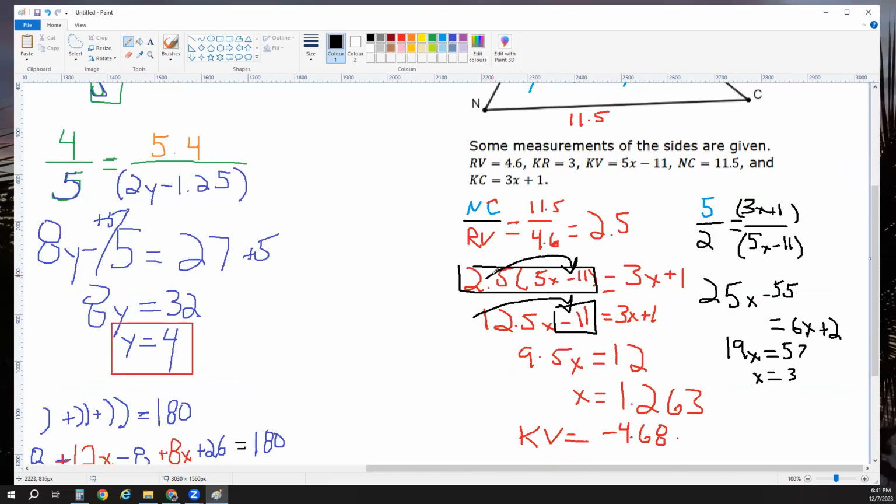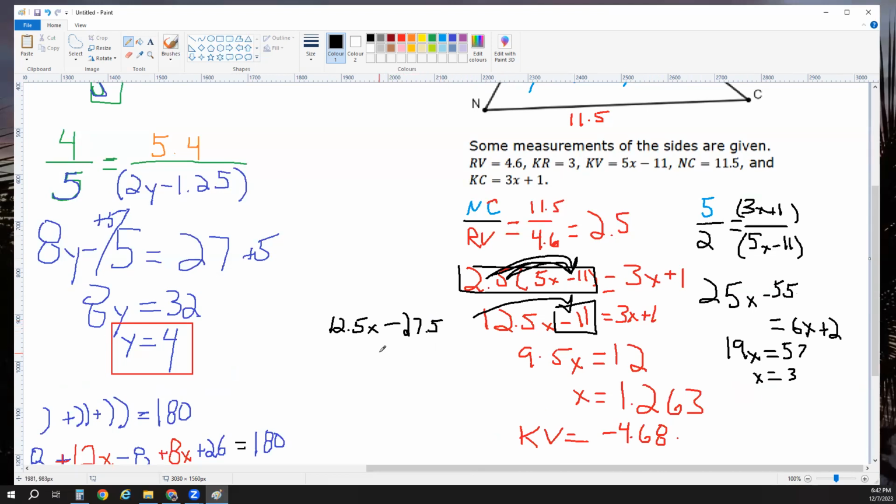Make sure you're distributing right. Okay, even if we didn't distribute this right, let's see what would have happened if I had distributed this right. So this would have been 12.5x minus 2.5 times 11, which would be 27.5.